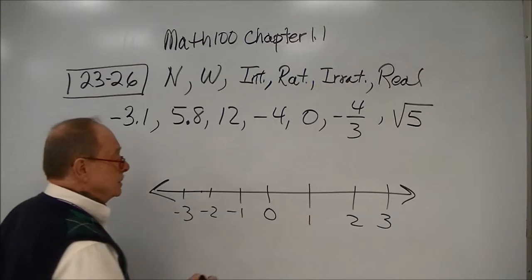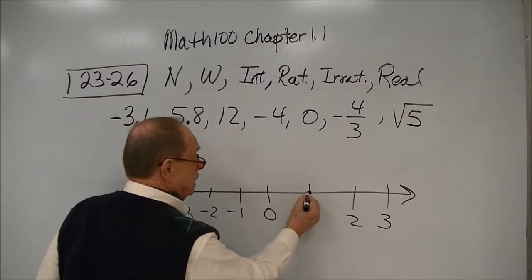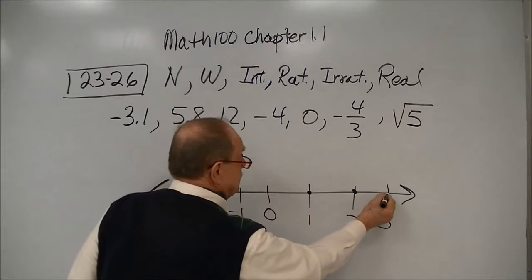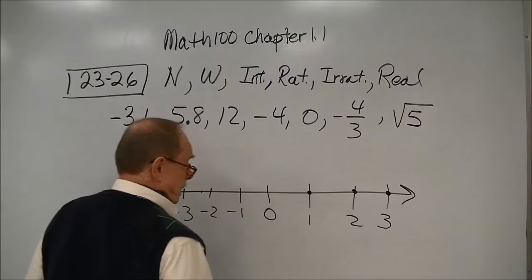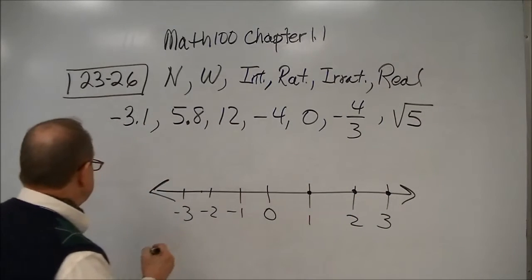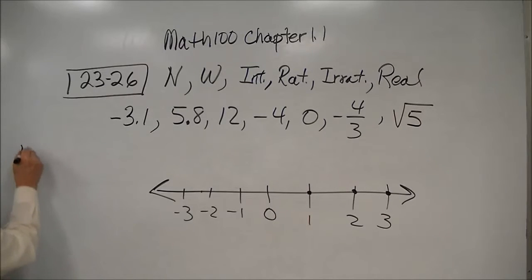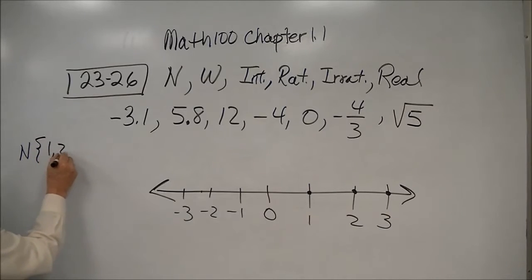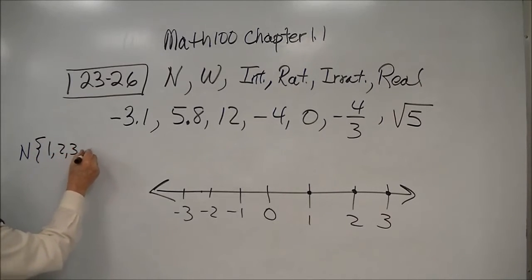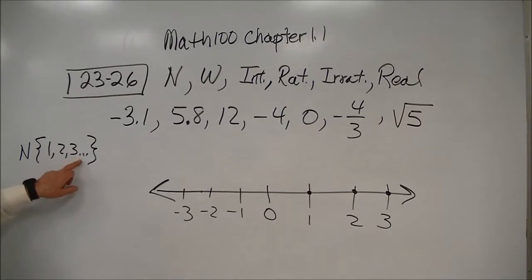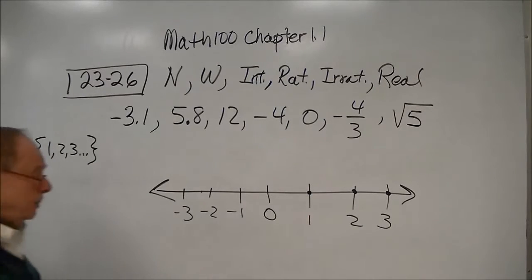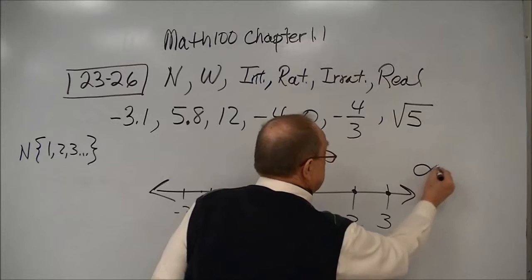The natural numbers, as you recall, are 1, 2, 3. And we write that set as one, two, three, and then the ellipsis indicates that it continues on to positive infinity.